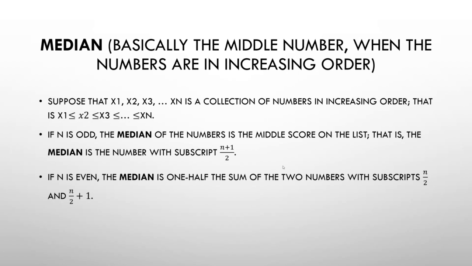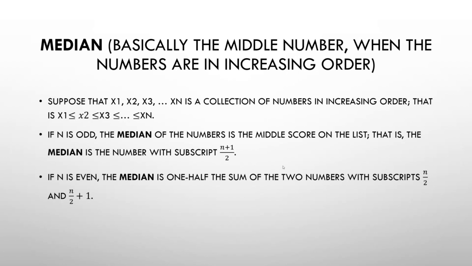However, if n is even, there are 2 middle numbers. For example, if there's 4 numbers, then there'll be 2 middle numbers. The way you figure out the median is you look at those 2 middle numbers, add them together and divide by 2. So it's 1/2 the sum of the 2 middle numbers.